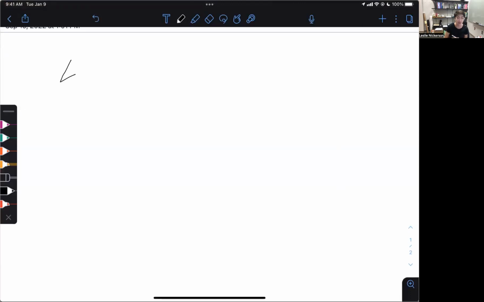Once I have that piece, then we're going to go down here, and the next one has to be parallel to that. So two parallel lines. Then this is going to be parallel to that one, and then that is parallel to that one.